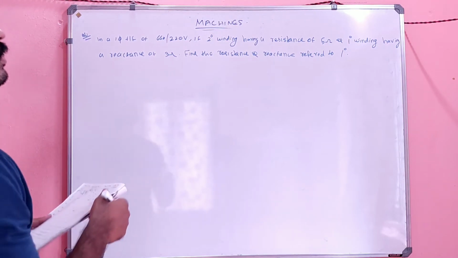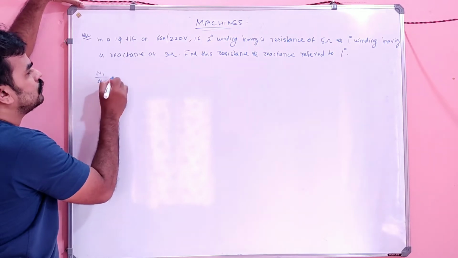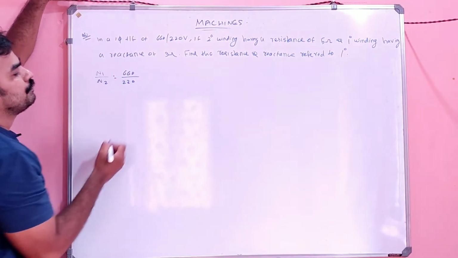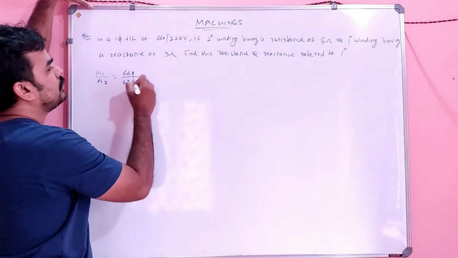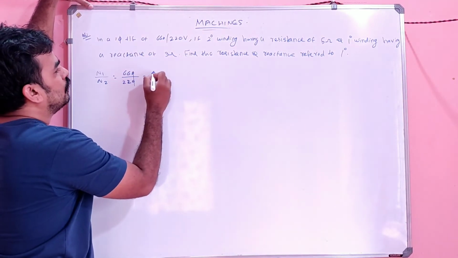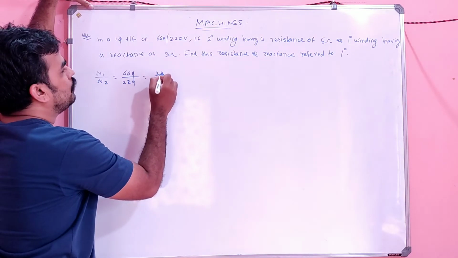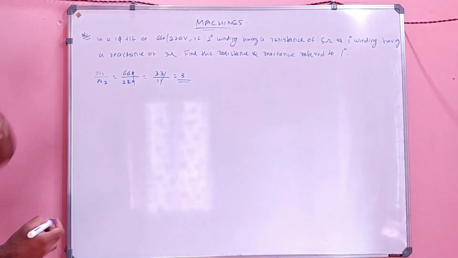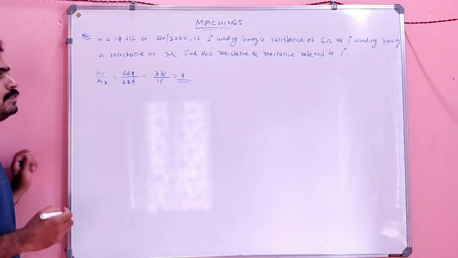N1 by N2 is equal to what? 660 divided by 220. Is there any doubt in that? It is nothing but 3 by 1, so N1 by N2 is nothing but 3.